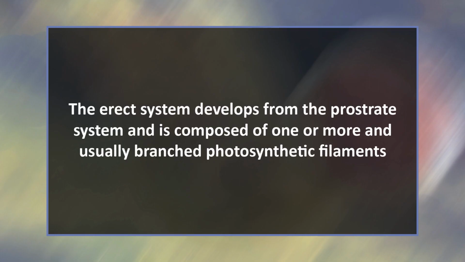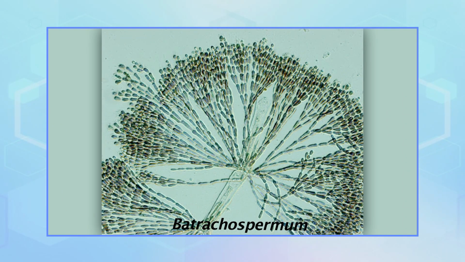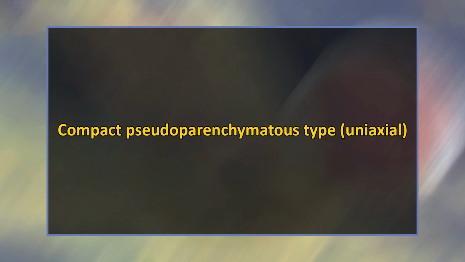Seventh, elaborated erect system. The erect system develops from the prostrate system and is composed of one or more, usually branched, photosynthetic filaments. In this type, complete absence of the prostrate system is noticed and there is a well-developed erect system, for example, Batrachospermum.